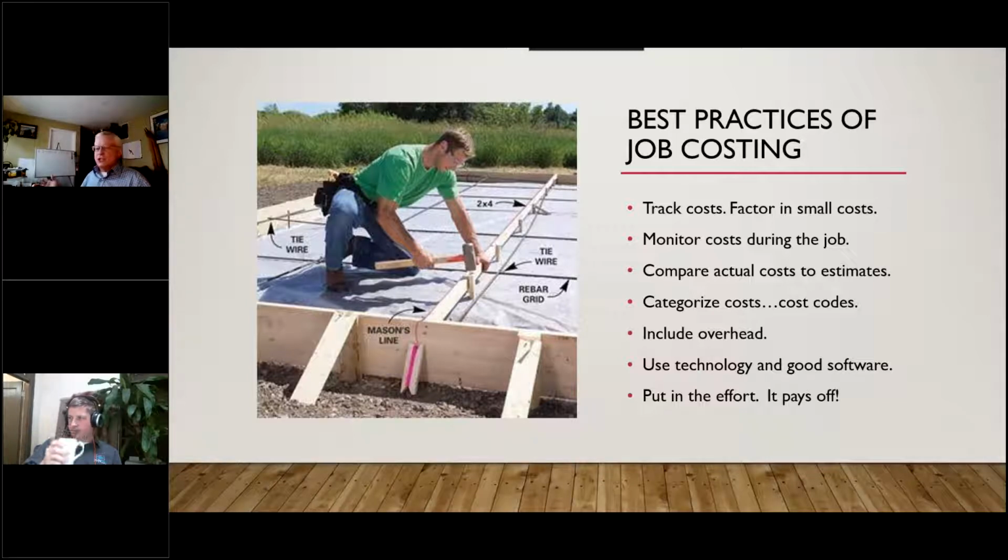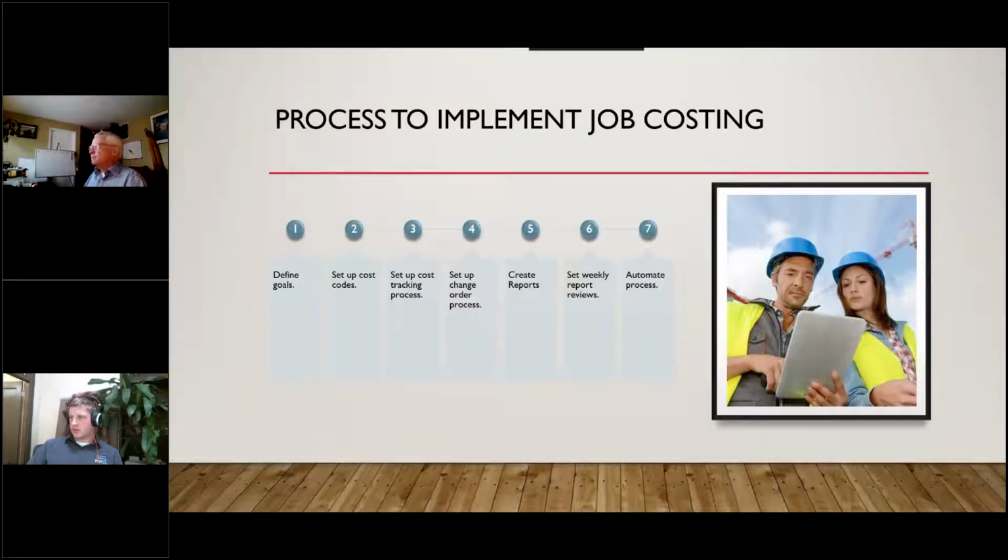Of course, technology and good software just saves a ton of time if it's in place and in place well. By the way, we're going to talk about best practices through the bulk of this, and at the very end, we'll talk a little bit about solutions. So just so you know.